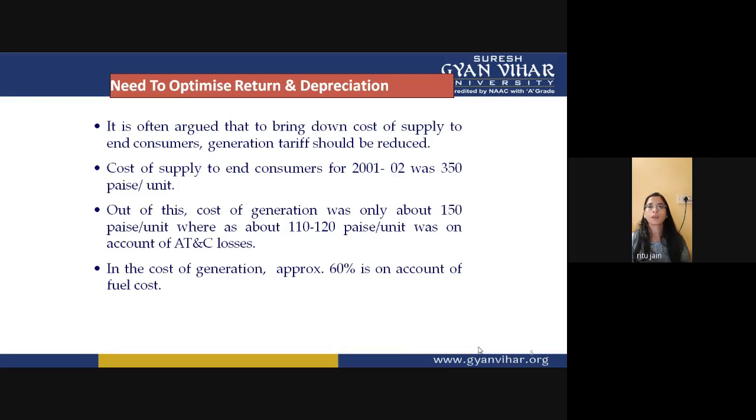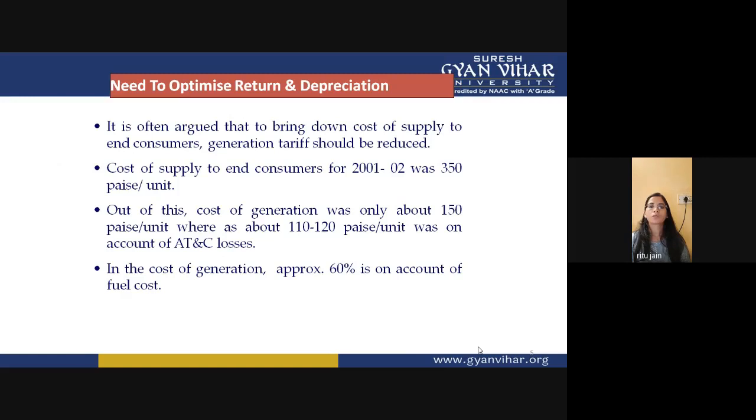The cost of supply to end consumers for 2001-02 was 350 paisa per unit, meaning 3.5 rupees per unit. Now you can see that day by day it is increasing. Now the electricity cost is, I think, 10 rupees per unit. Out of this, the cost of generation was only about 150 paisa per unit, whereas about 110 to 120 paisa per unit was on account of T&D losses.